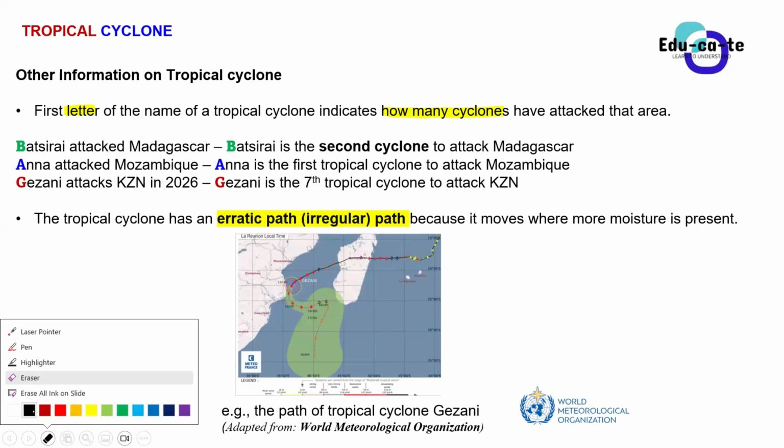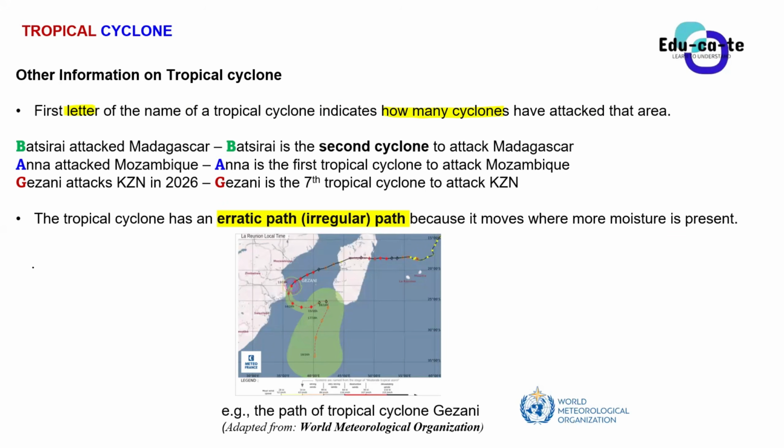For example, if I give a tropical cyclone a name that starts with A, let me say I give it the name Anele. If I say this is tropical cyclone Anele, it means that this is the first tropical cyclone to attack the area, because A is the first letter of the alphabet.